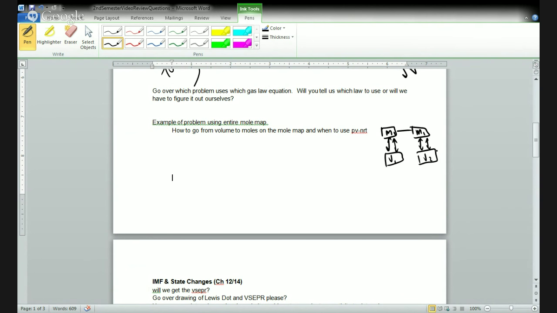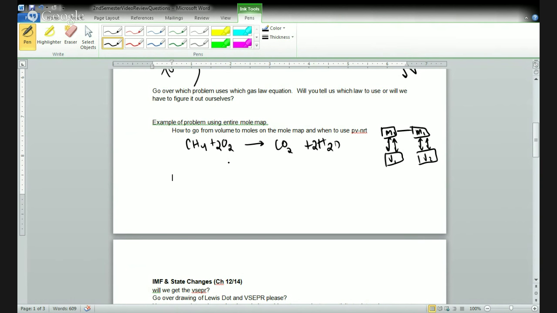So how do I do a problem like this? Let's say I had the following combustion reaction. We're going to make some carbon dioxide gas. So CH4 plus O2 gives you CO2 plus H2O. Let's go ahead and balance. I need a 2 here, and I need a 2 here.